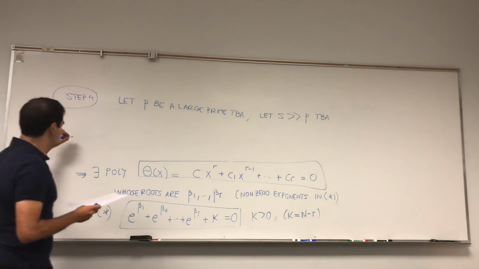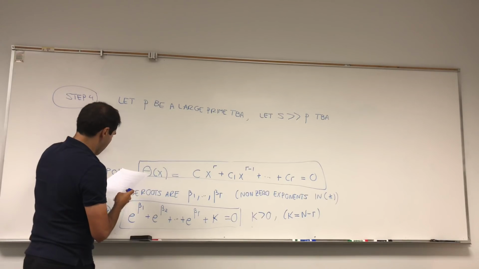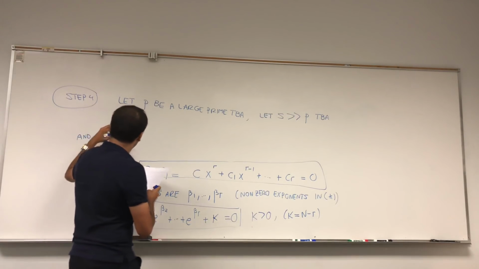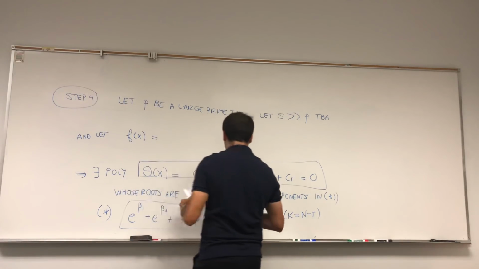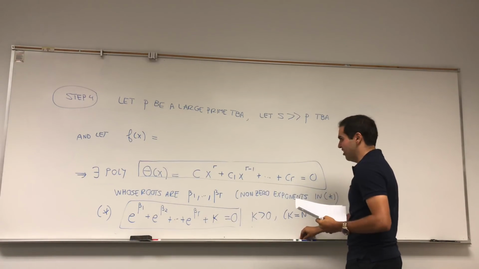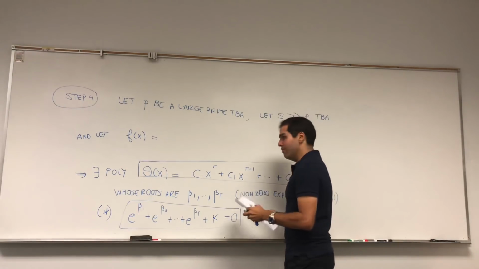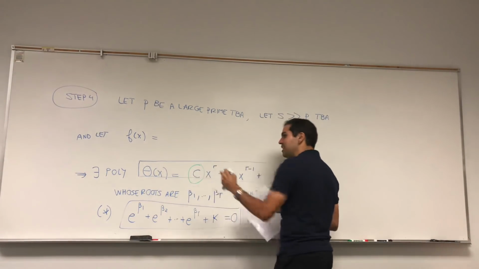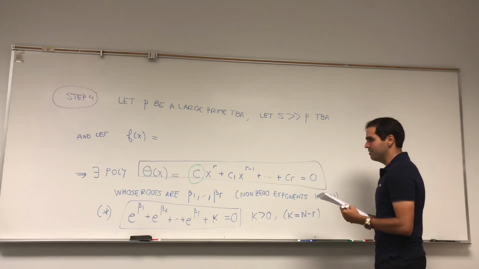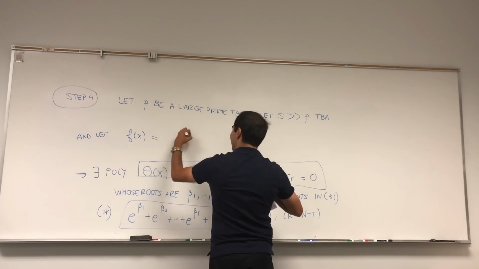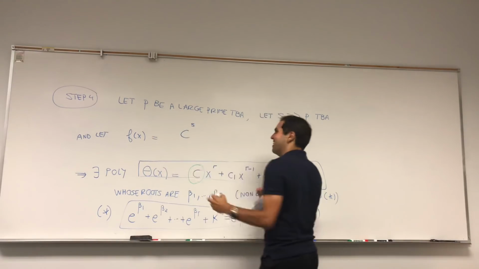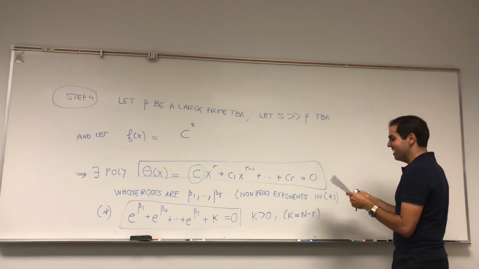And let f be the following function. f of x. Okay, it's a kind of crazy monster. So, first of all, remember c, it's the leading coefficient of this theta. So we want c, and for CS majors, you might like that, c to the s.